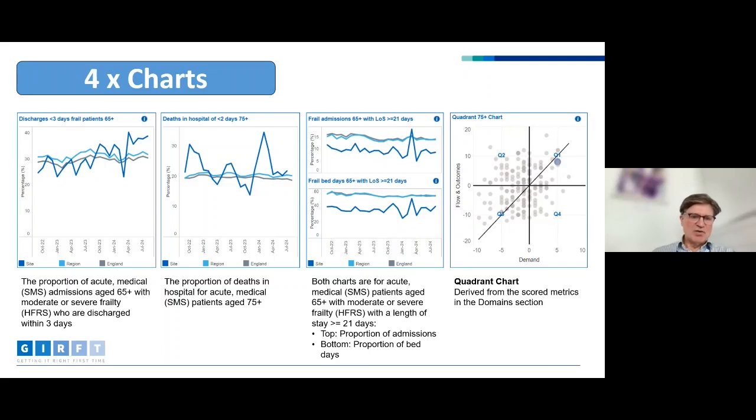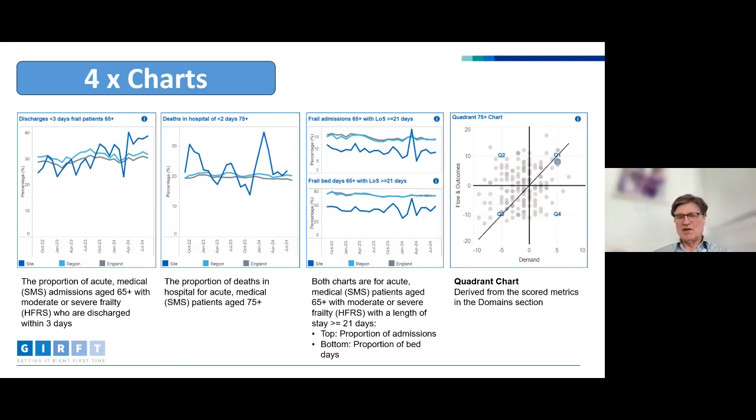But note also it's a time series, so see the change in that trust. Is this a coding artifact, or have they done something that's shifted that? If I can move along now to the frail admissions over 65, putting these two together with early discharge is really the central insight into how flow is working in the hospital.